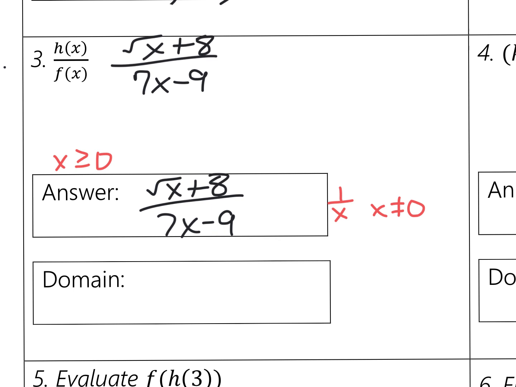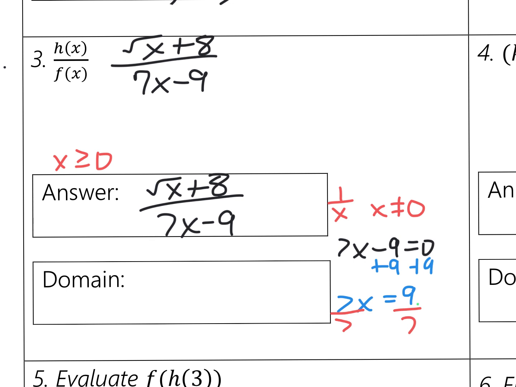We're going to write that as an equation, 7x minus 9, and set it equal to 0 and solve it for x. So plus 9 on both sides, and we get 7x equals 9. And then we would divide by 7. What we see is that our domain restriction is 9/7.